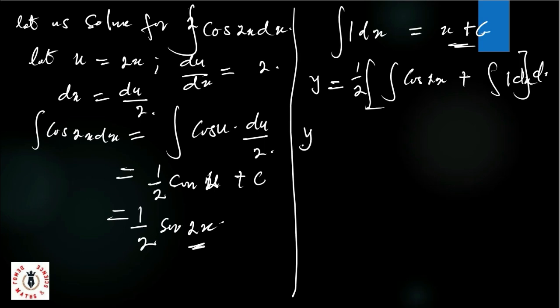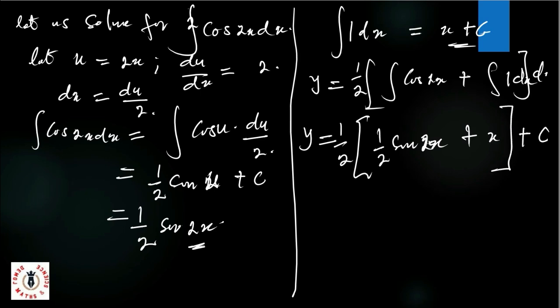So my y now will be equal to, I've gotten the integral of cos squared x, that will be half into half sine 2x, plus the integral of 1, which is x, and close my box, plus c. C is a general constant.